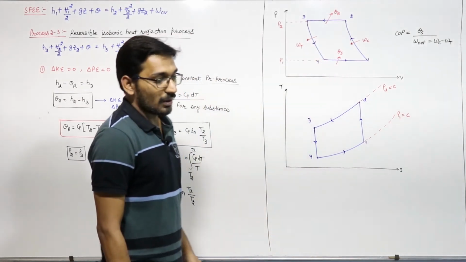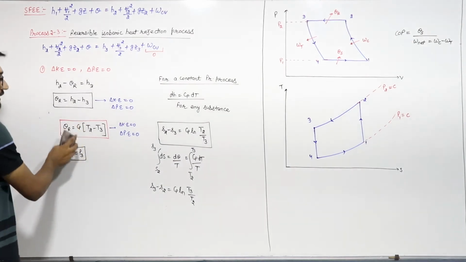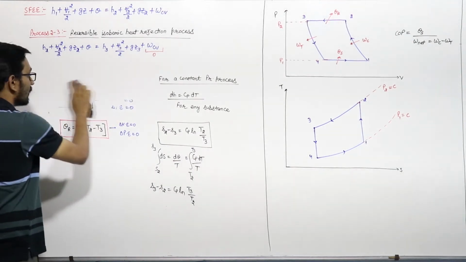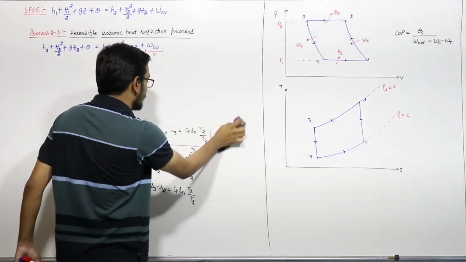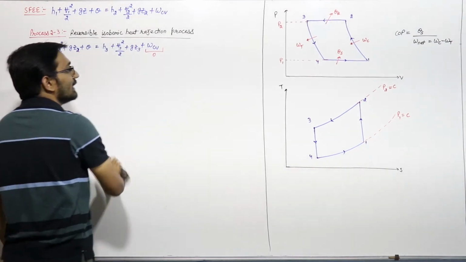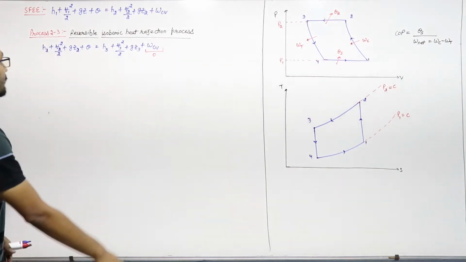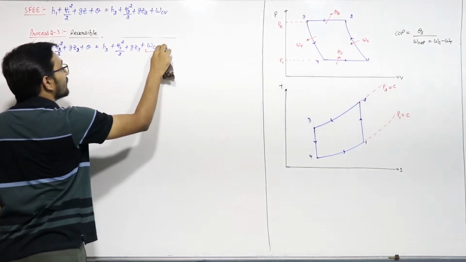Next we'll talk about process 3 to 4, right? I am rubbing this. Why am I writing here? Because we need this diagram for better understanding in our later discussions.